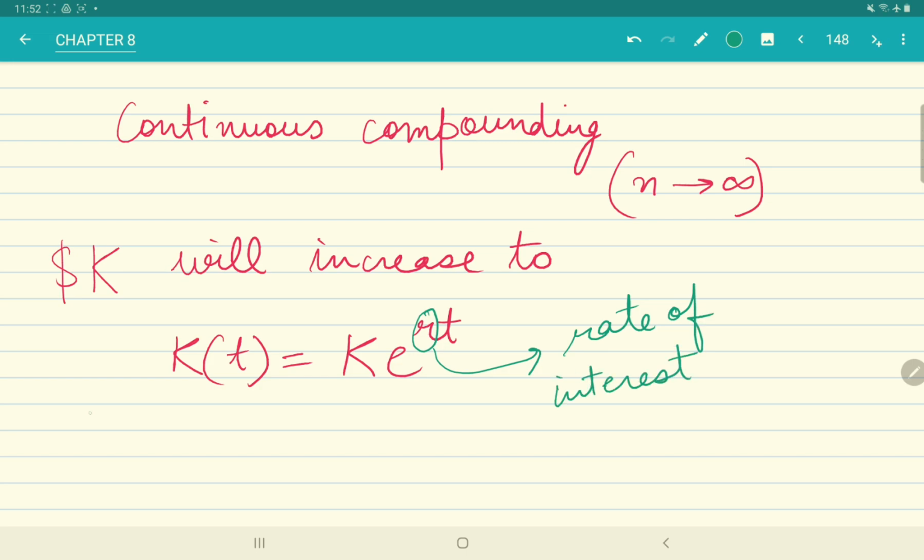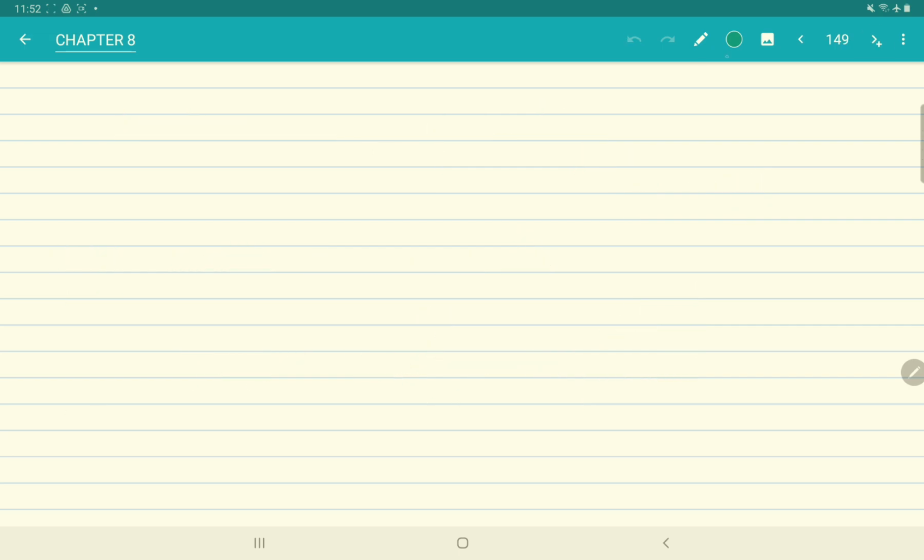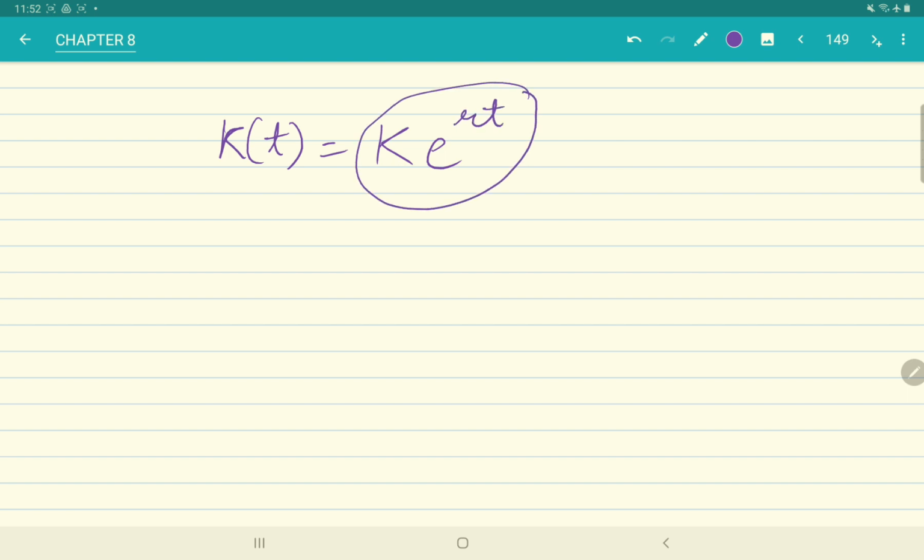So if I have k of t equal to k e raised to the power rt, this is the amount to which the initial amount k would increase if interest is added continuously, if you have continuous compounding of interest.